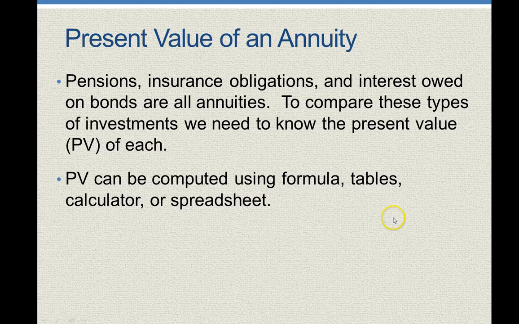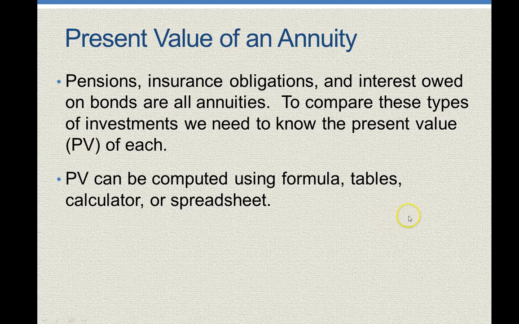But since the payment is constant in this case, it's going to be simpler than the general case. So again, we can use at least two methods to calculate the present value of annuity.